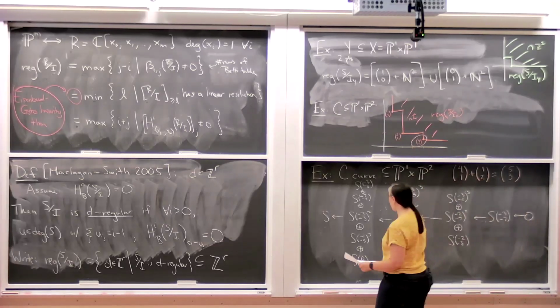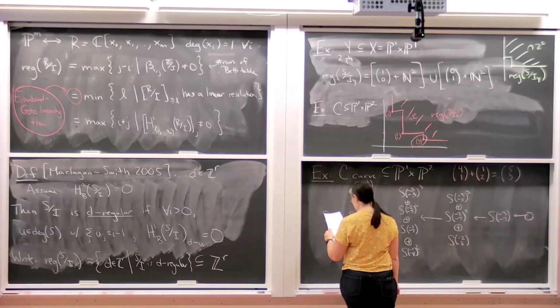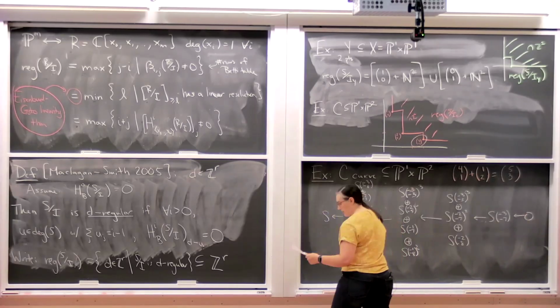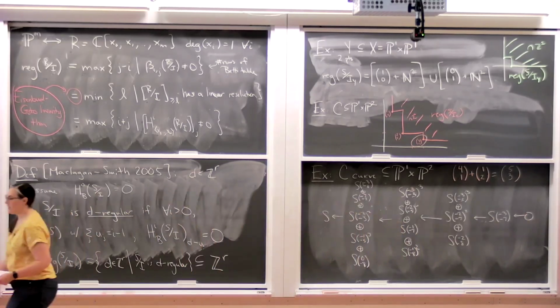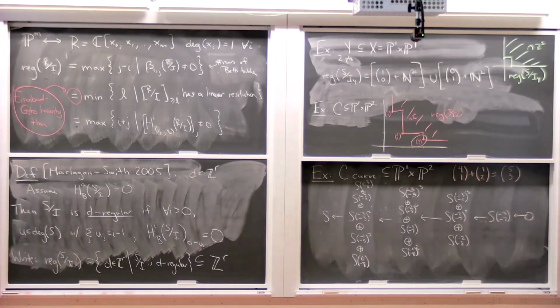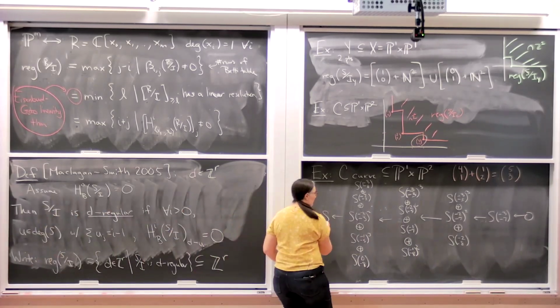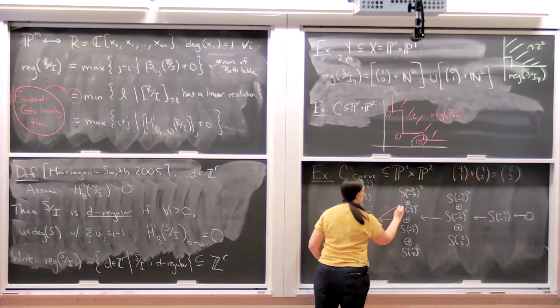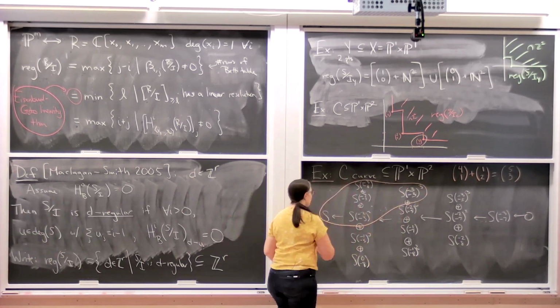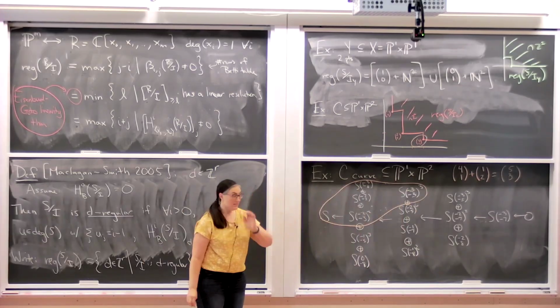Very little stays. Let me check something. Okay, I'm good. I got worried about a Betti number, but it was right. This is what stays. You can check that later.